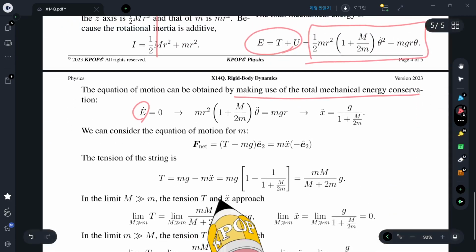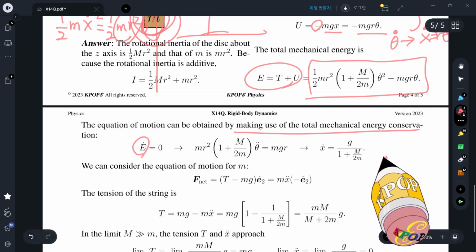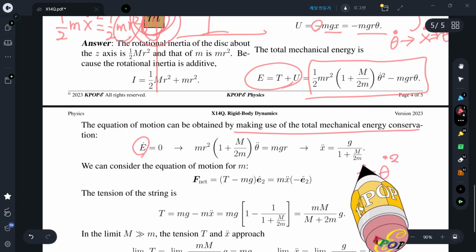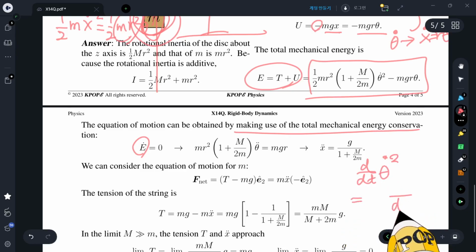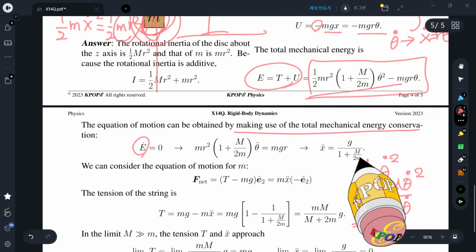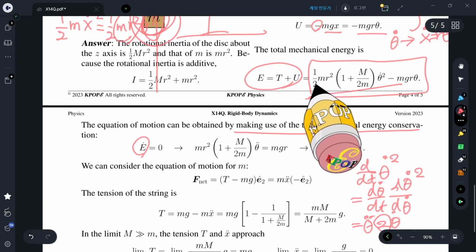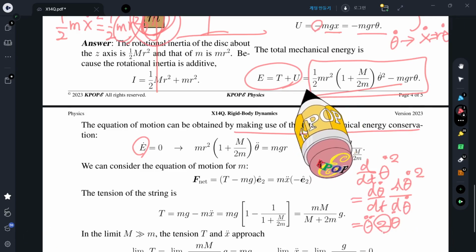Chain rule. Chain rule gives, again, the time derivative of theta dot squared. What's that? Theta dot derivative of theta dot squared and time derivative of theta dot. What's that? Theta double dot and 2 times theta dot. In such a manner, this one, after taking the time derivative, brings a factor of 2, to cancel the 2 in the denominator.